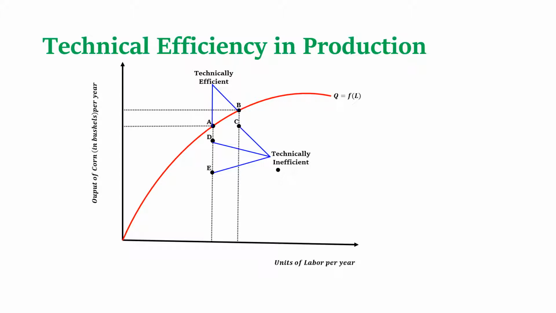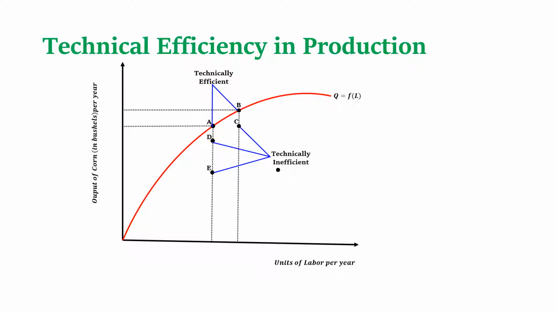If the farm can use fewer inputs to produce the maximum amount of output, we say the farm is technically efficient. So it is using its inputs efficiently in the production of output.